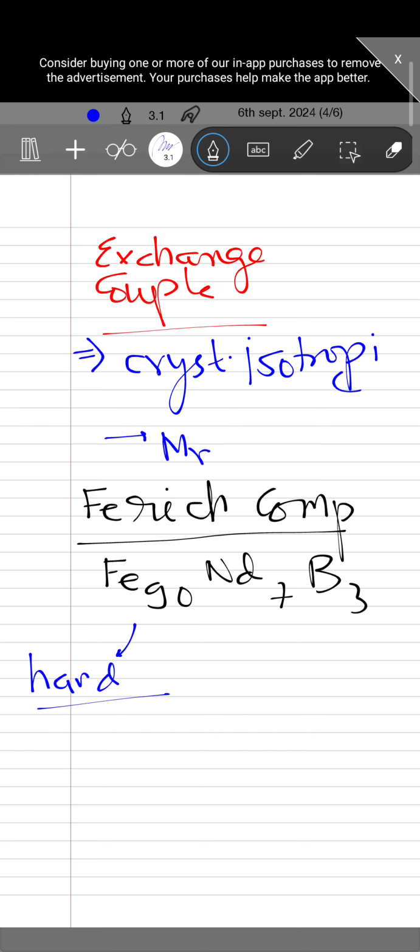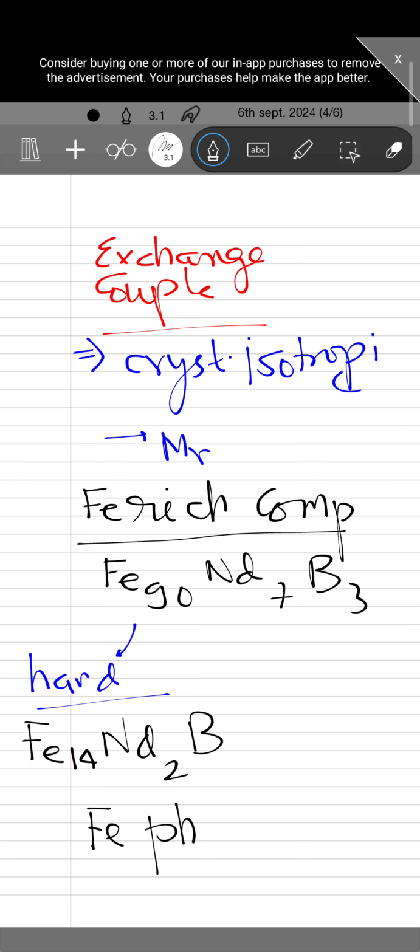The hard phase is Fe14Nd2B, and the soft phase is nothing but the Fe phase. We have a combination of these two phases inside these materials.